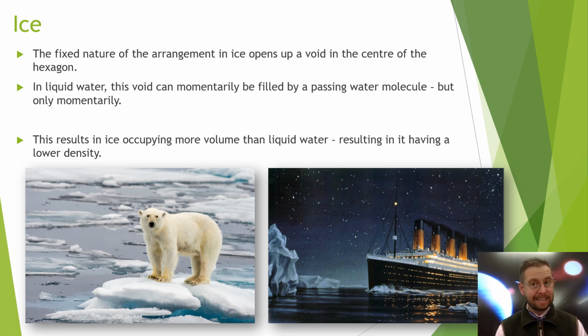It makes it less dense, and that leads to the unusual property of water in that its solid state has its particles further apart than its liquid state, resulting in ice floating. And we see that in everything from the ice in our drinks to icebergs.